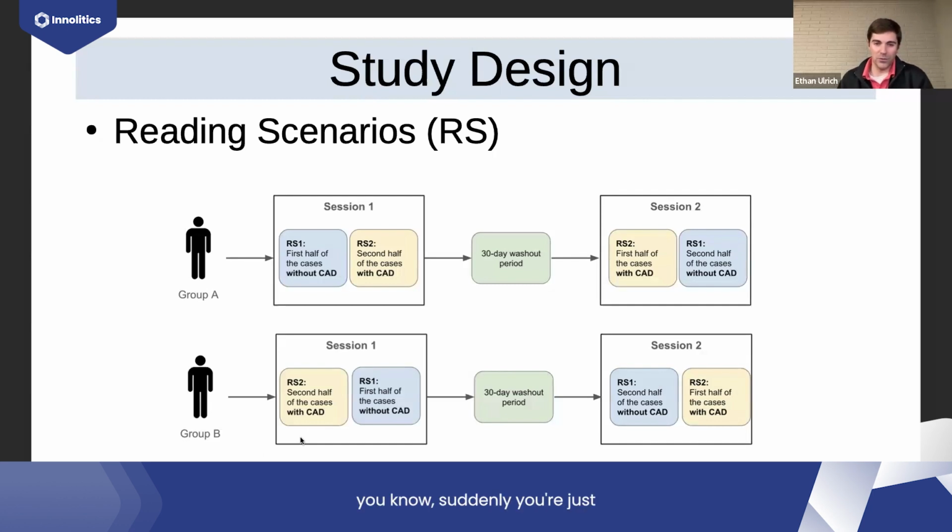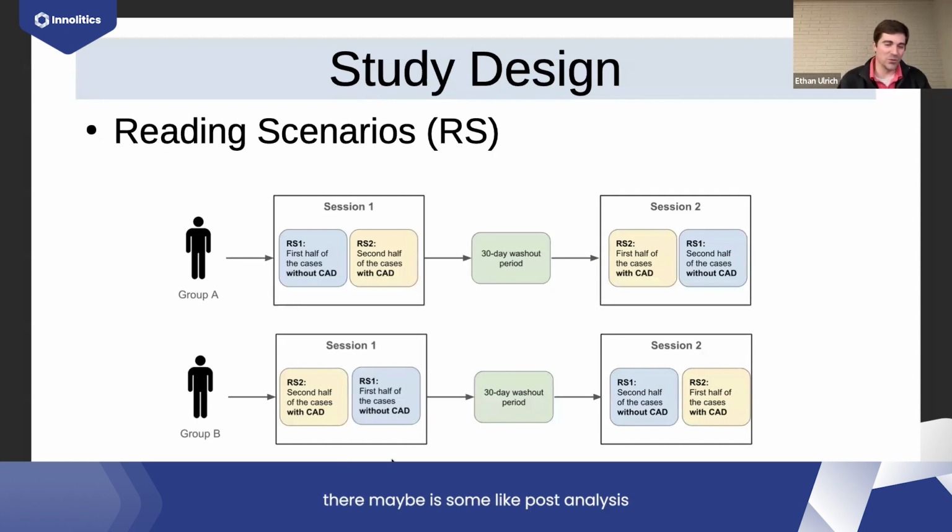And then suddenly you're on the lookout for all these lesions. Once you hit the second half of this first day, session 1, you're kind of on the hunt for these lesions, and you're really sensitive to them, and yeah, that could change or affect the estimate of that reader's performance. It's hard to know, I guess.